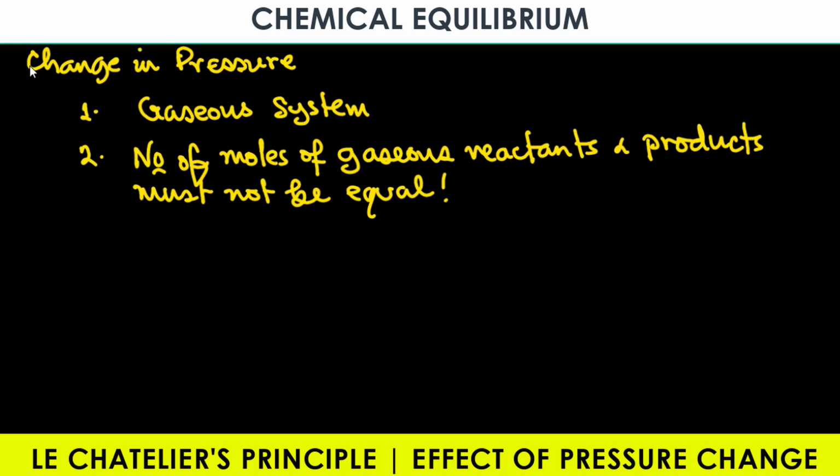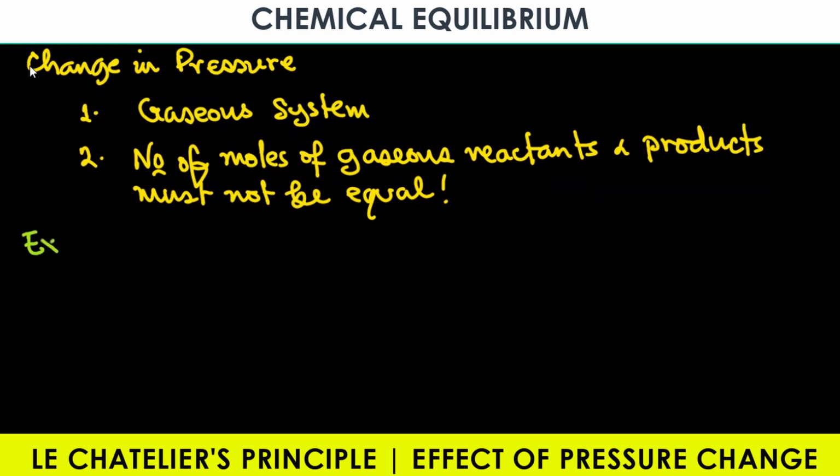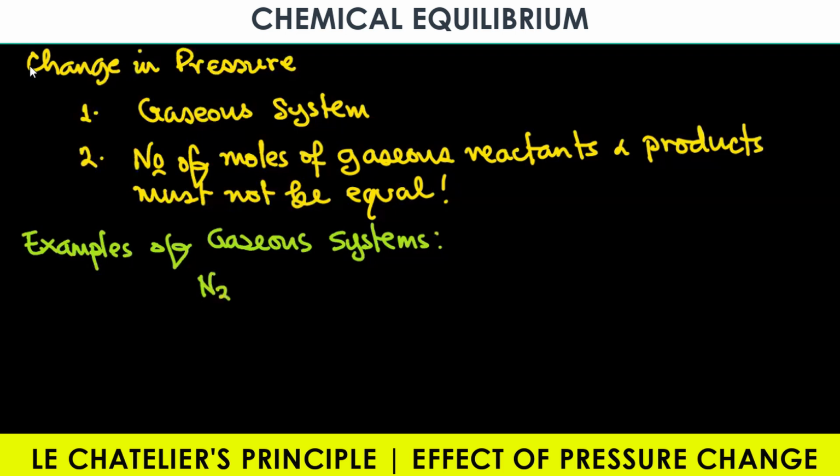So examples of gaseous systems are this. We have nitrogen reacting with hydrogen to give us what? Ammonia.